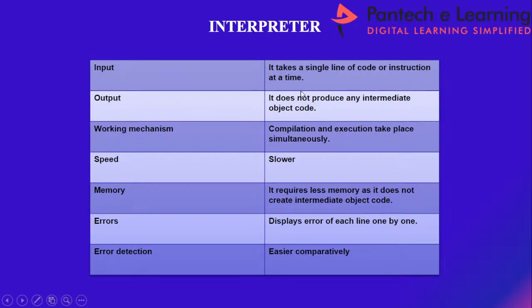So what do you mean by an interpreter and what do you mean by a compiler? Whenever we are writing any kind of code, these are the different types of programming processes. An interpreter has an input unit, an output unit, and a working mechanism. How does an interpreter work? Then the speed of an interpreter, memory requirements, errors and error detection. All these are the different units that are present in an interpreter.